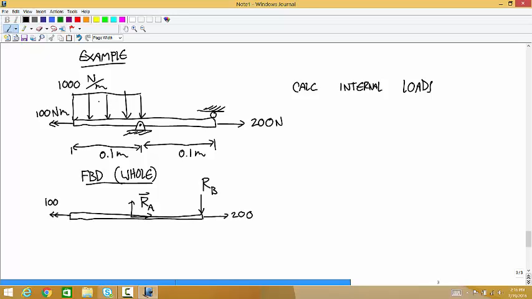That's a rectangular distributed load. So height of 1,000, width of 0.1, so that's 100. And this distance is half of this, so 0.05.